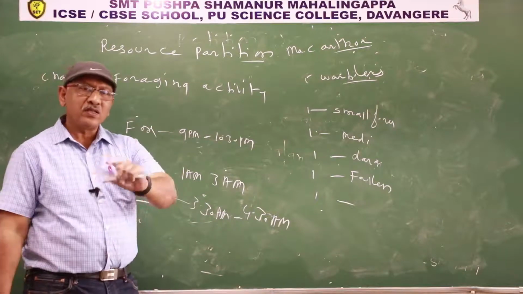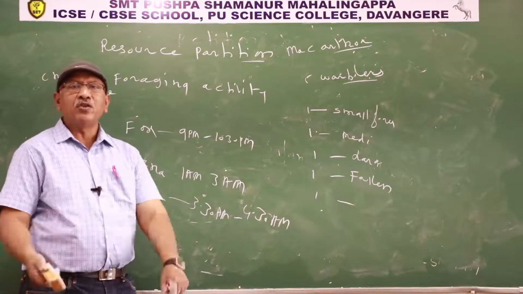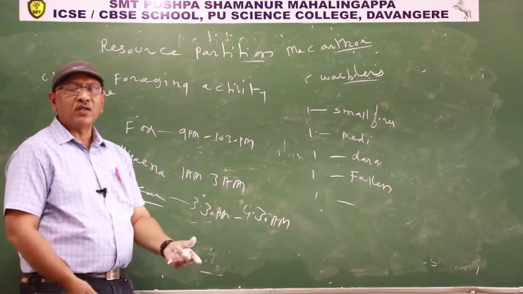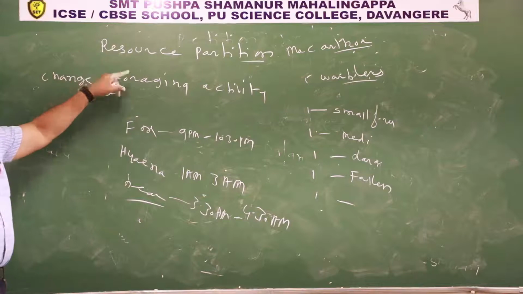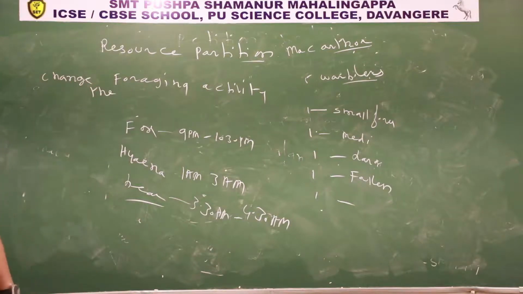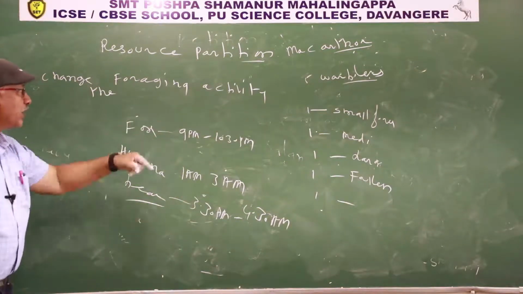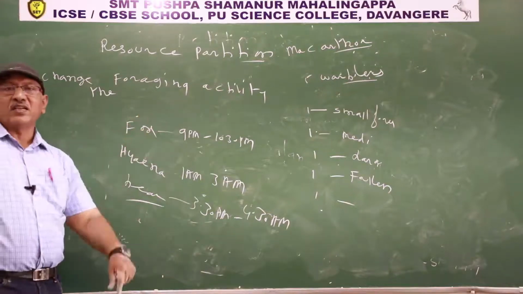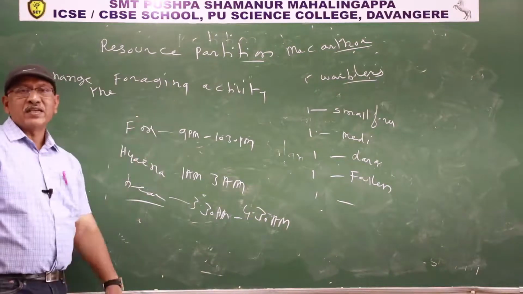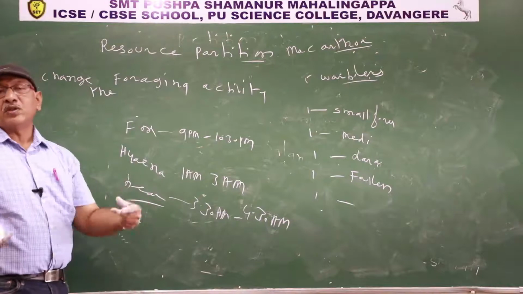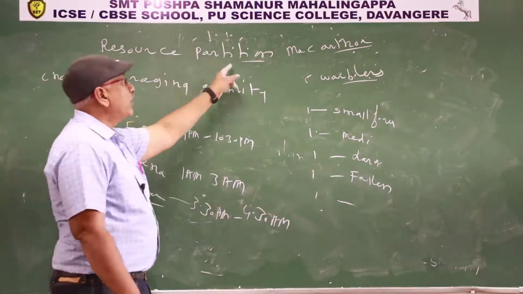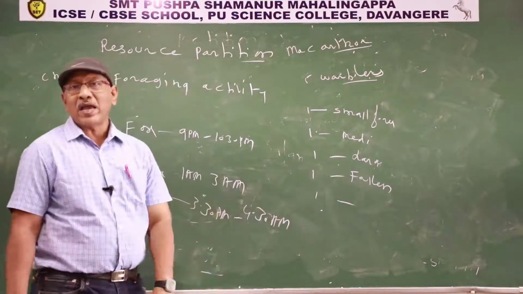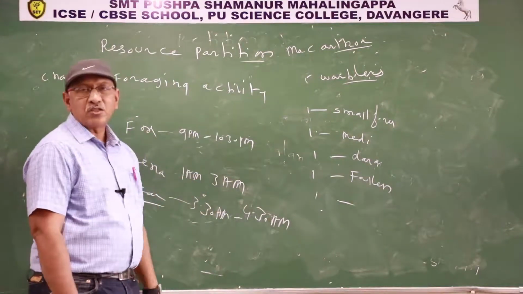If resources are sufficient, the competitive species avoid competition in 2 ways: either resource partition or changing the foraging activity. What is foraging activity? Going for searching of food material. Or they distribute the available food, which is resource partition. Resource partition was studied by MacArthur in 5 warbler species.